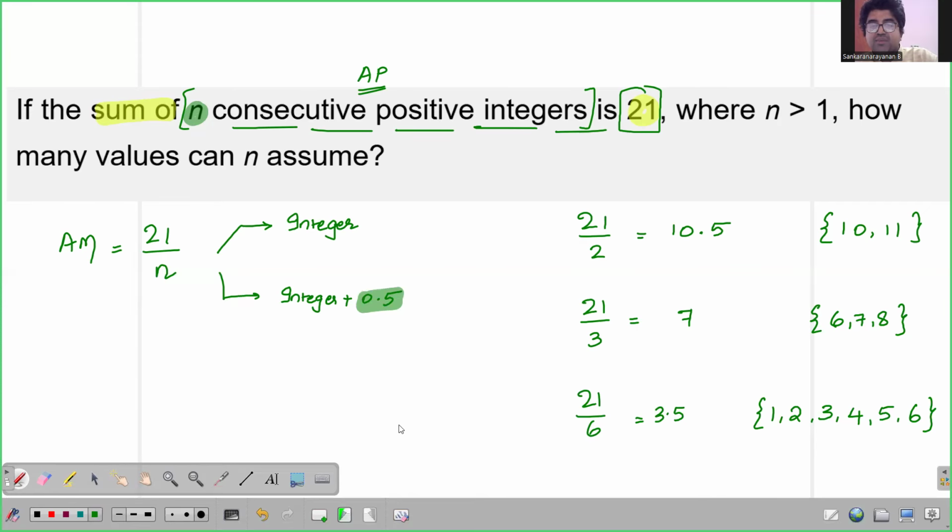Okay, 3 possibilities are there. So for this question, my final answer that I should mark, this n can be 2, it can be 3, or it can be 6. I can see that 3 values are possible. So for this question, I will say the final answer is equal to 3. Okay.